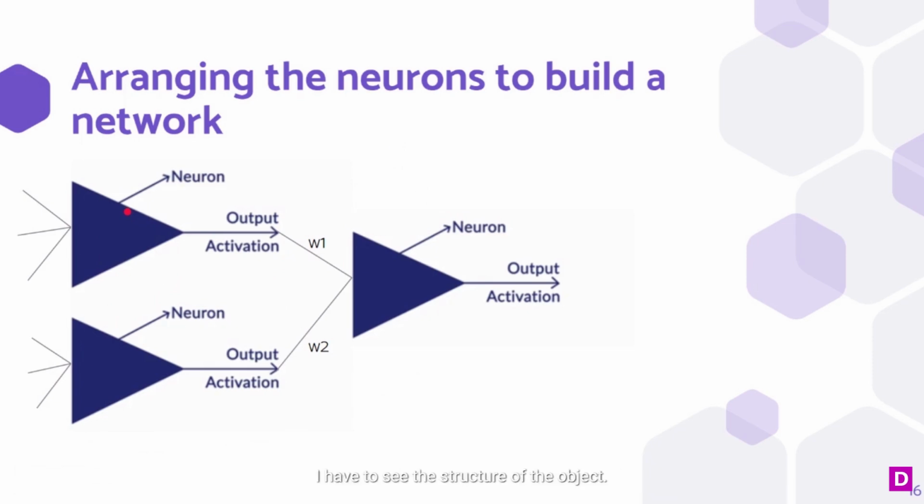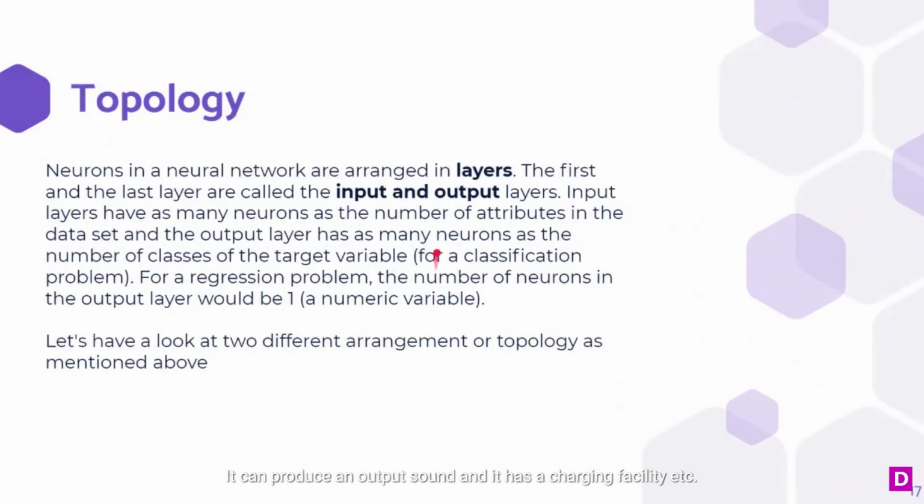I have to see the structure of the object. Okay, it is some 4.6 inches, it has a camera, we can make a call with it, it can produce an output sound, and it has a charging facility, etc. These will be the set of input signals, right? But after processing all those different input signals, we will arrive at one output. That one output would be the identification of that particular object.